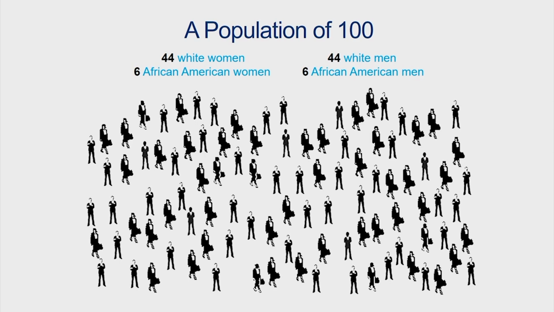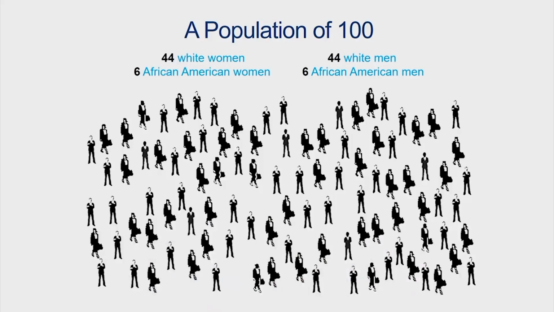If our research question has nothing to do with the ethnicity of the people that we are studying, then we might consider the sample frame to be all 100 persons here. And suppose we are trying to estimate average incomes by drawing a sample from these 100 persons shown on your slide.